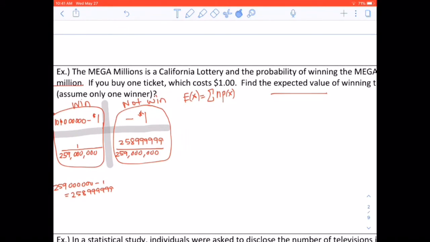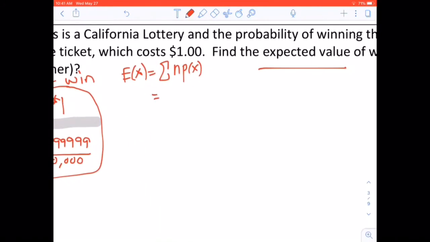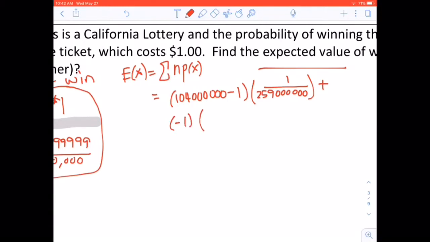So for winning, it would have been the $104 million minus the $1, so you can write that as 103 and then all these 9s, times the probability of winning, which was 1 out of 259 million, plus the probability of not winning times the value if you do not win. So we would have lost $1 times the probability of not winning, which was 258 and a bunch of 9s.